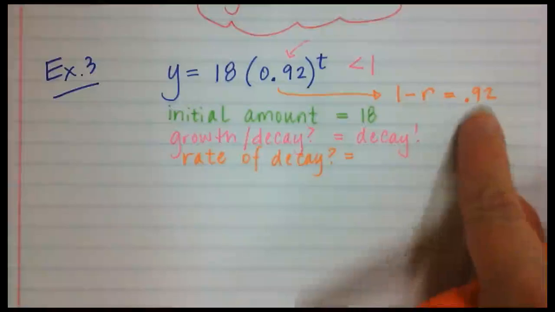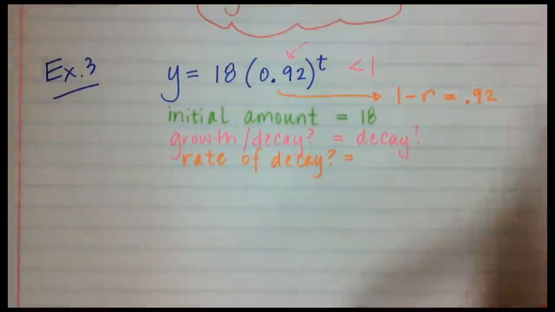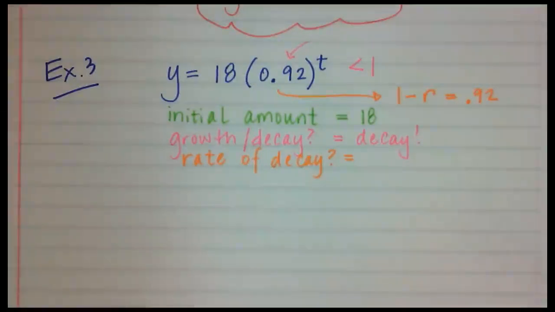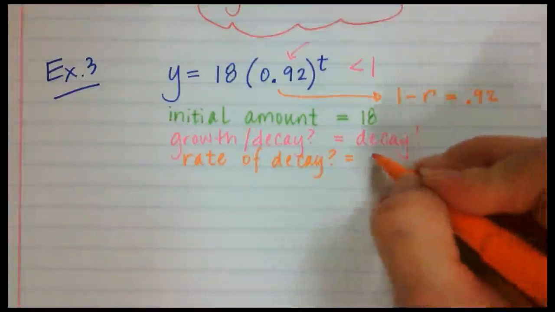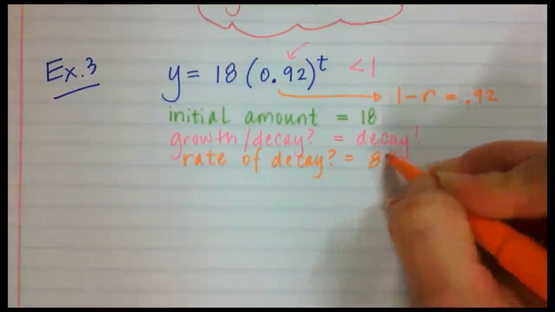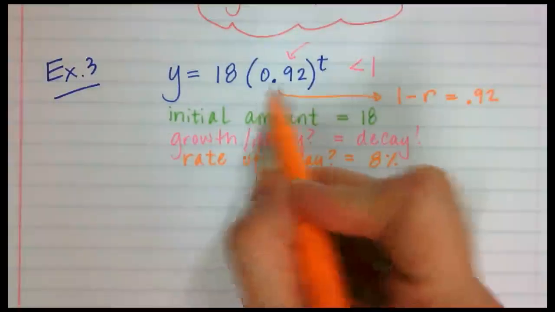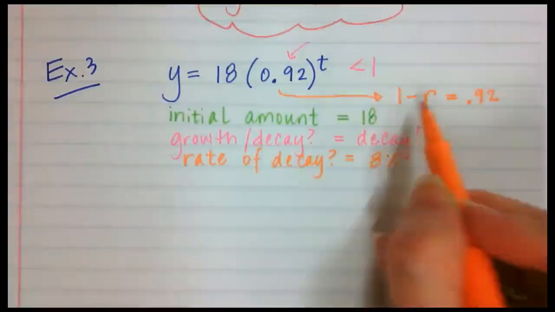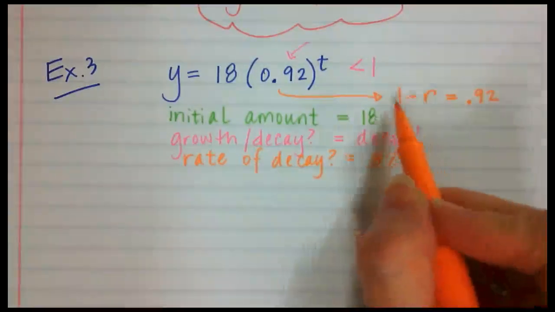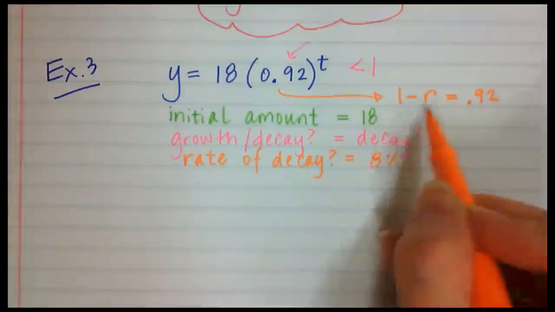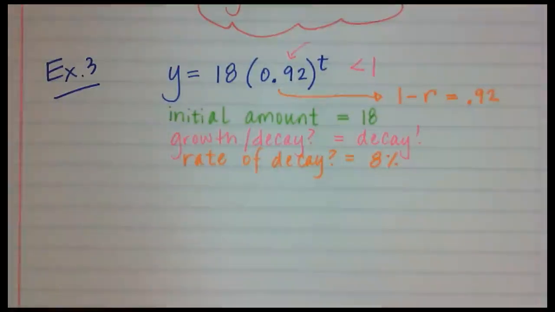So if you think about it, this is 92%. If you got a grade of 92%, that means you lost 8%. So our rate of decay would be 8%. So I knew that this one was a decay because it was less than 1. And since it was less than 1, I knew something had to have been subtracted from the 1. So that will give you your rate of decay.